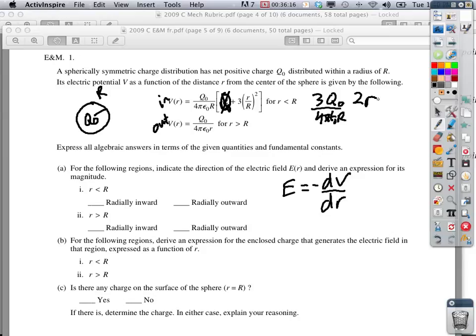See, it's not that hard. It looks horrible, but it's not that hard. And then this one's even easier, right? Because this is just the same as saying q0 over 4 pi e0 times r to the minus 1. And so then that becomes negative q0 over 4 pi e0 times r to the minus 2. That's all.